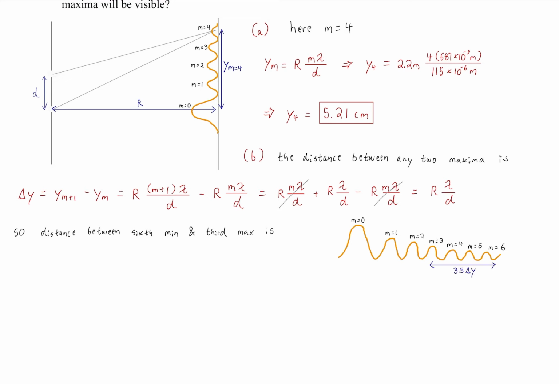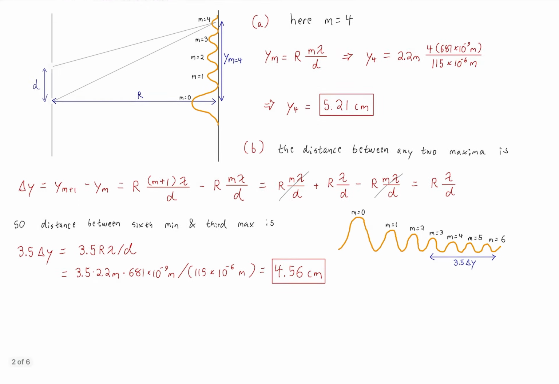Okay, and so then if we want to go from the third maxima to the minimum right after the sixth minimum, because it's 1, 2, 3, 4, 5, 6, all right, then we'd have 3.5 as our delta y. Okay, so 3.5 delta y, right? Because all the minimums are exactly halfway between maximums. They have to be. It's all symmetrically distributed. So then it would be 3.5 times this, or 3.5 r lambda over d. Okay, so plug in our values, and we get 4.56 centimeters.